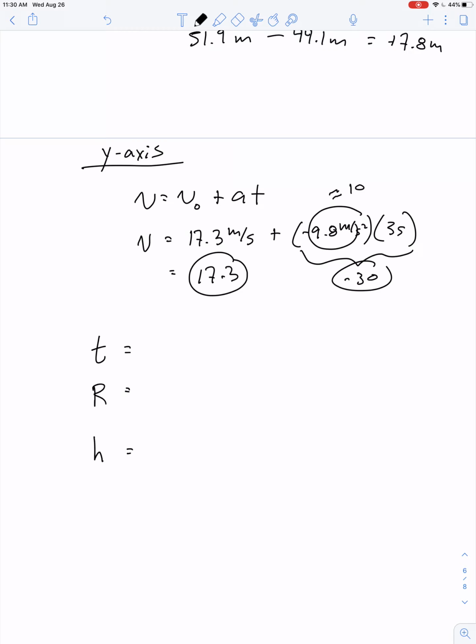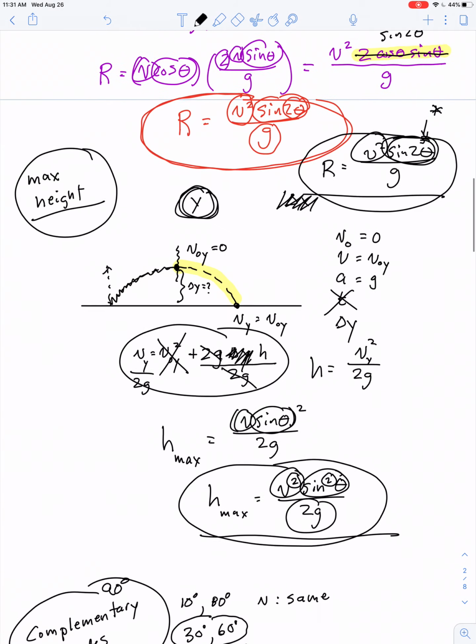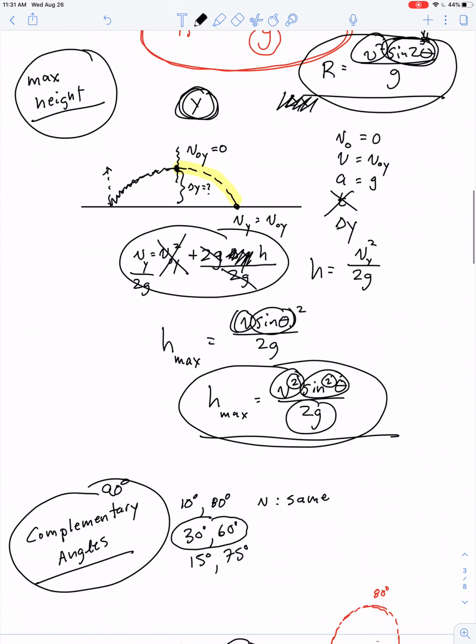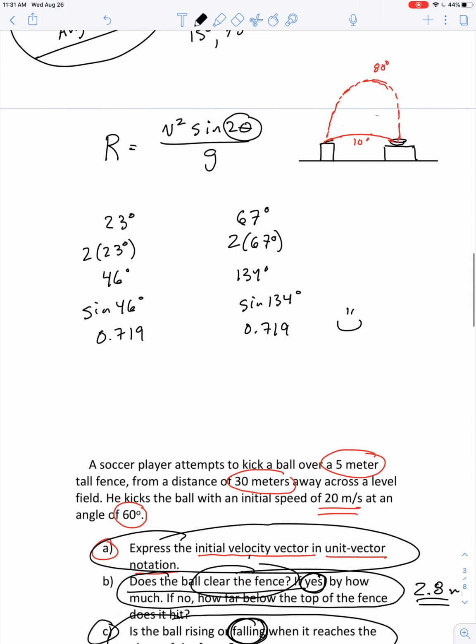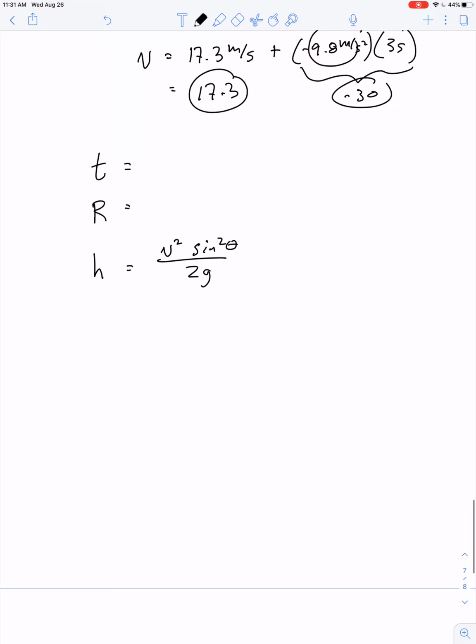The maximum height is equal to v squared sine squared theta over 2g. That's my guess. Let's go back up and see if I got that right. Maximum height, v squared sine squared theta over 2g. Was that my guess? V squared sine squared theta over 2g.